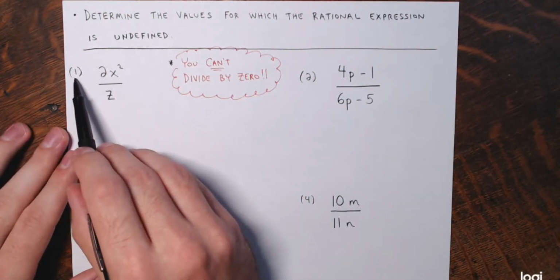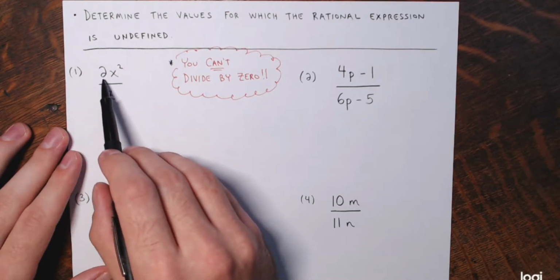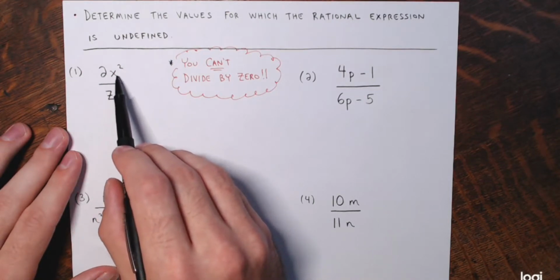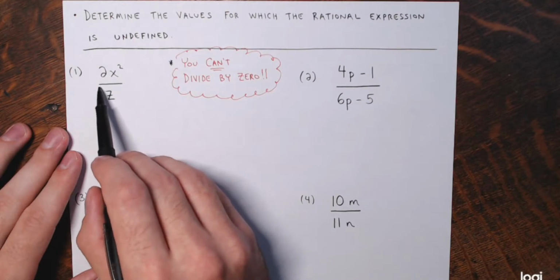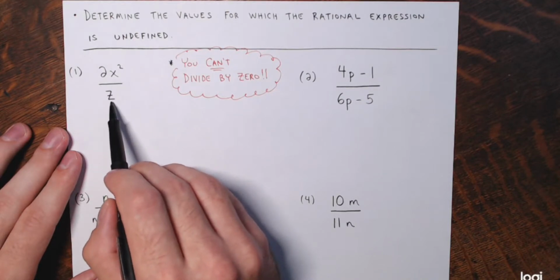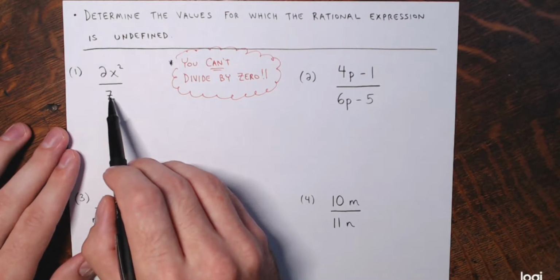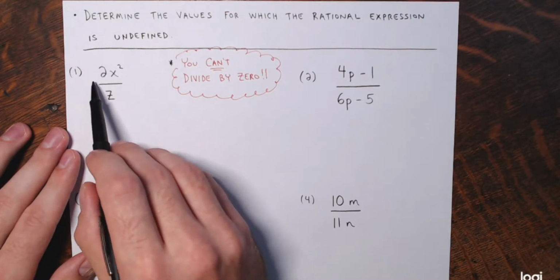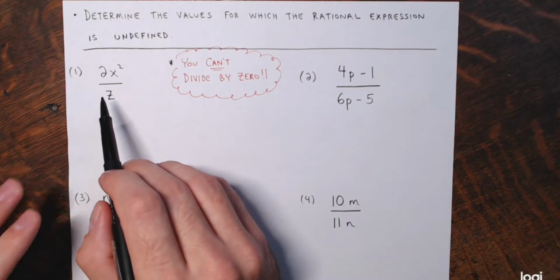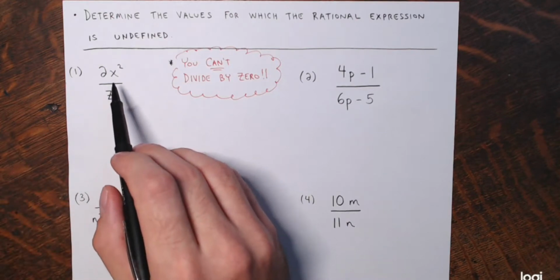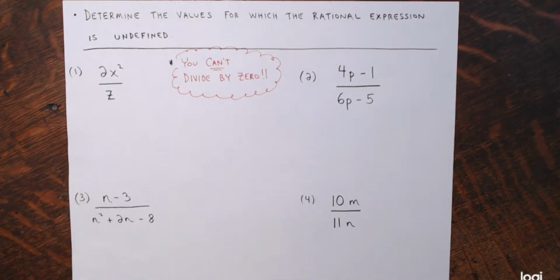So for example 1, this is 2 times x squared in the numerator divided by z in the denominator. So this expression has a value for any choice of x and z except 1. Right?